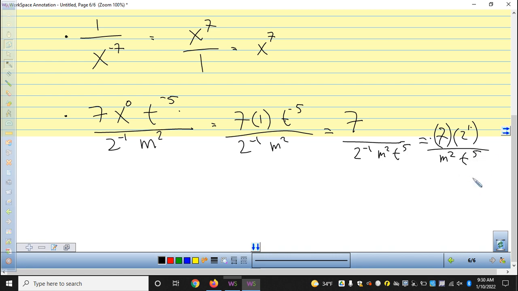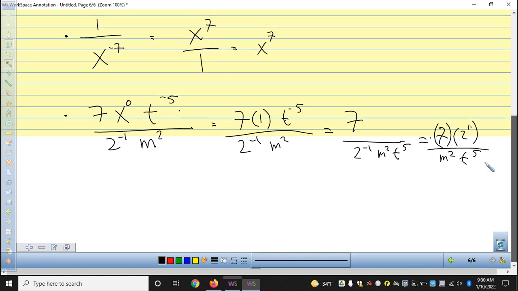What's 2 to the first power? 2 to the first power just means 2. And 7 times 2 is 14. So we'd have 14 over m squared t to the 5th.